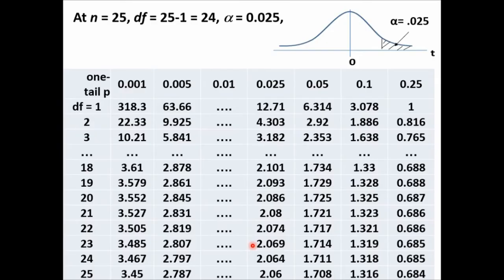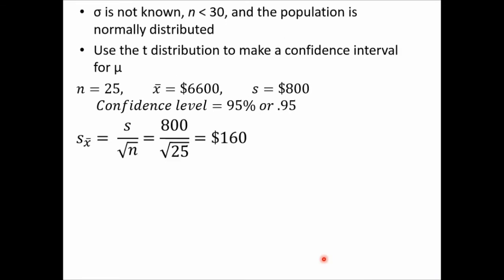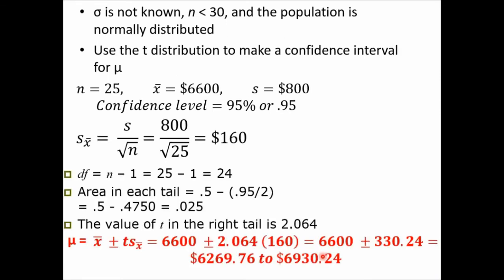So when we go to the t-table, we will have to look at a sample size 25, or degrees of freedom 25 minus 1, which is 24, and an area of 0.025. That is the 2.5% in the right tail. And at these two values, we have a t-value of 2.064.